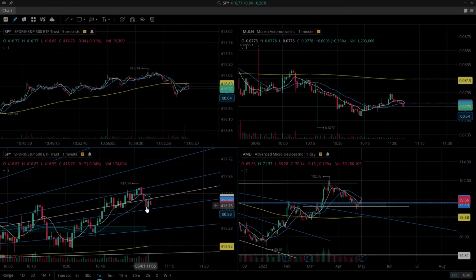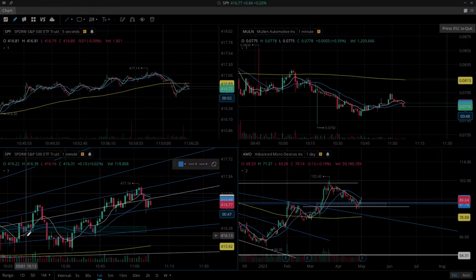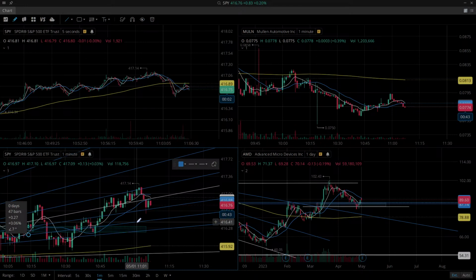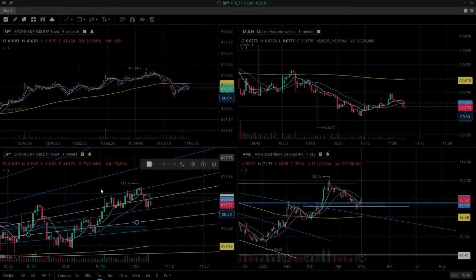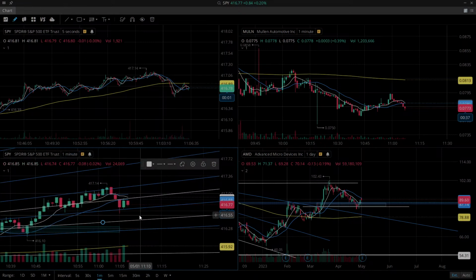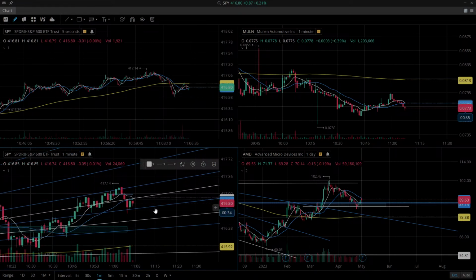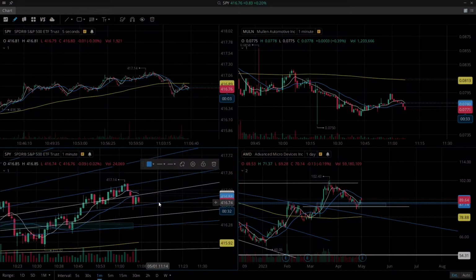This looks for another 1-for-1, and if we just reprint a new fan line right down here, it gives us a 1-for-1 target. And since that's between two zones, I'll go ahead and make it white. It'll be a second regression. So if this, then that. If we break this fan line, our 1-for-1 takes us down here.